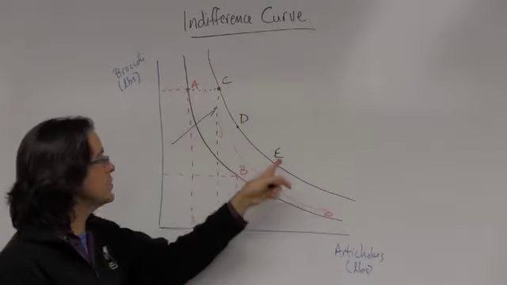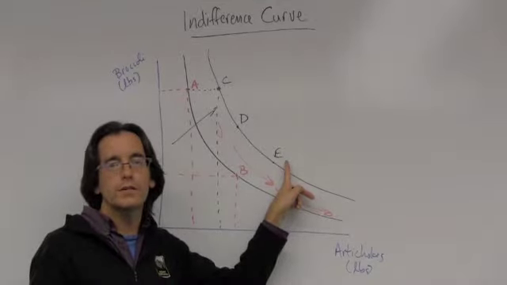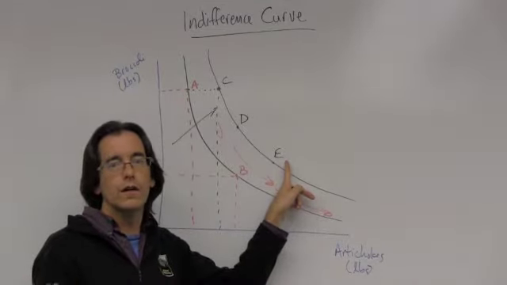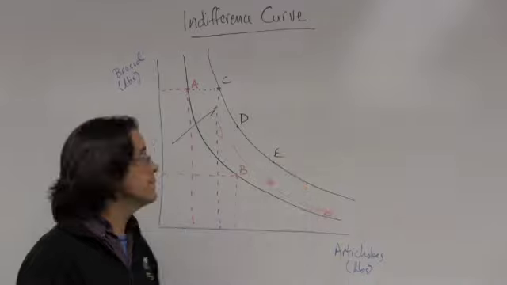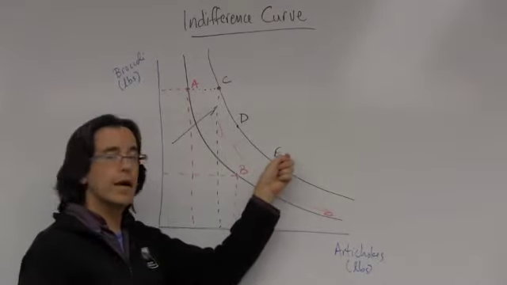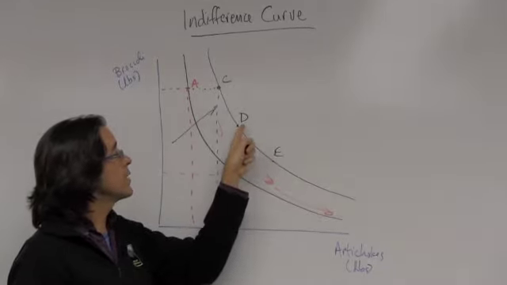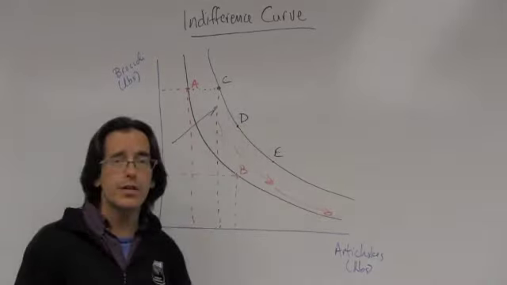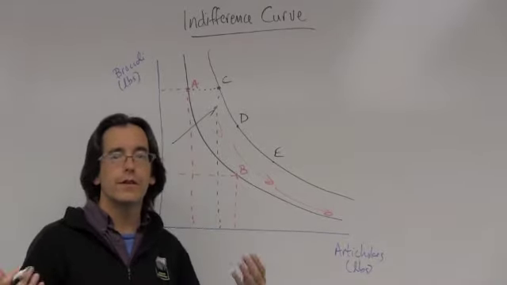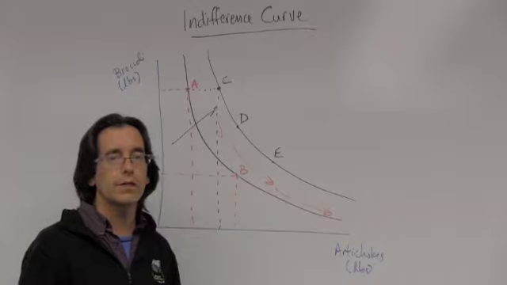If we have C, someone could give us a combination of E, and we'd swap them because it wouldn't make any difference to our level of well-being, our utility. But we know we would prefer combination E to combination B. We would prefer combination D to combination A because it's on a higher indifference curve. It represents a higher level of utility.